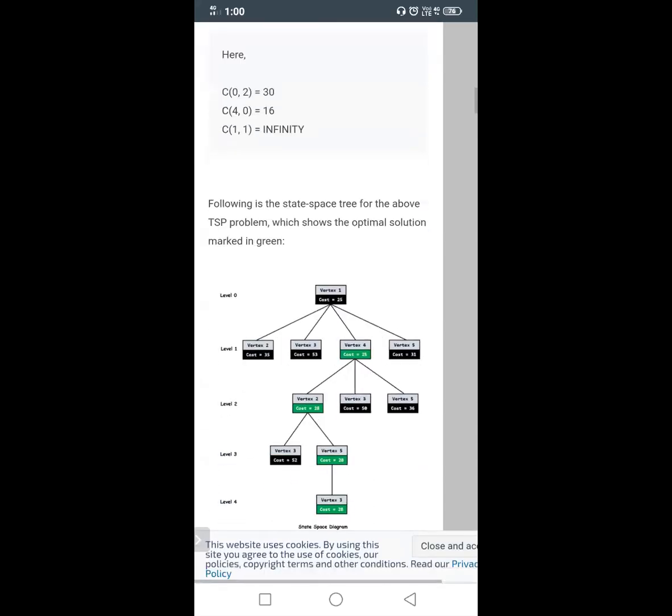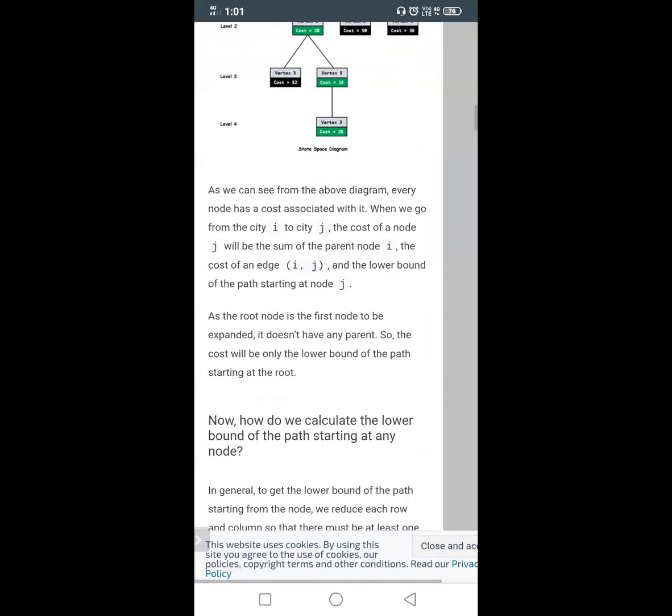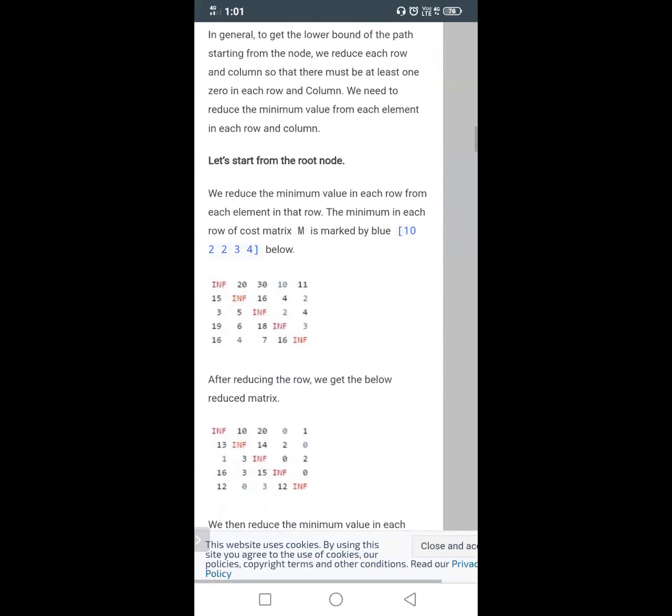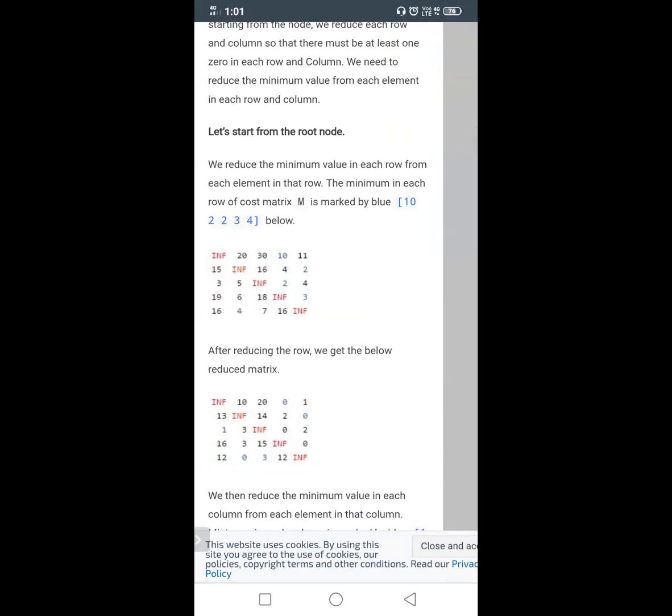Okay, so see here what we have to do is, we reduce the minimum value in each row. See here, in the first row the minimum value is 10, in the second row the minimum value is 2, in the third row the minimum value is 2, in the fourth row the minimum value is 3, in the fifth row the minimum value is 4.